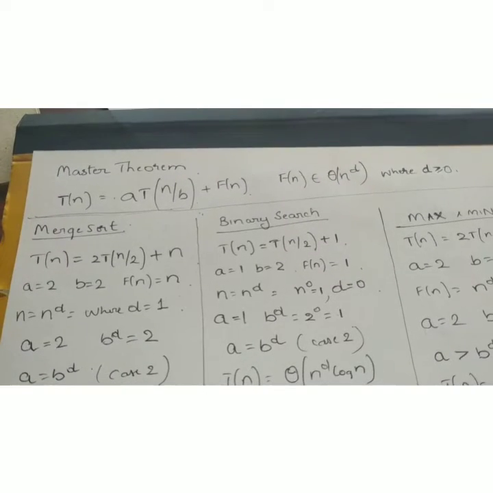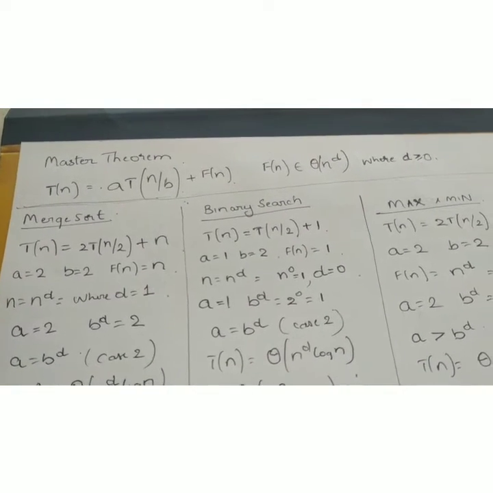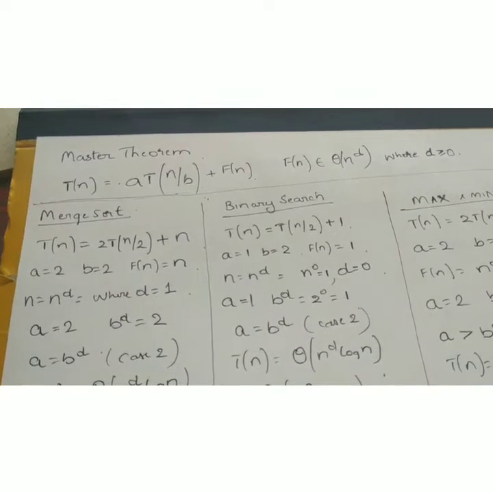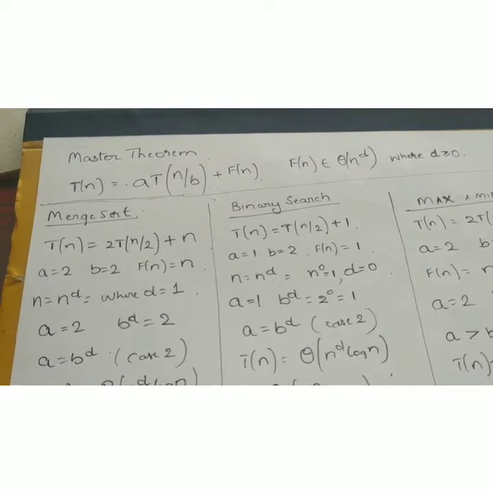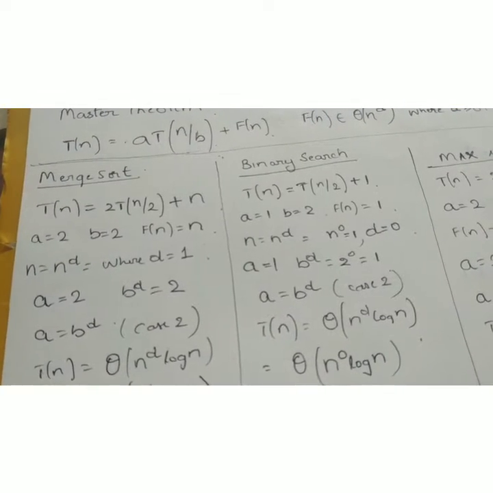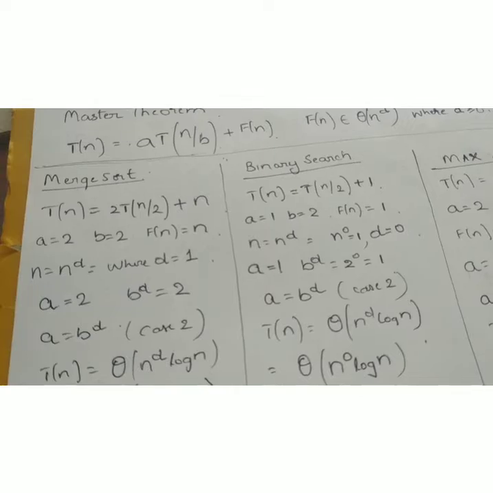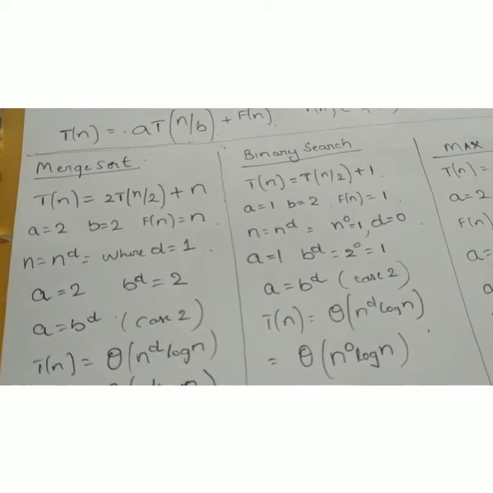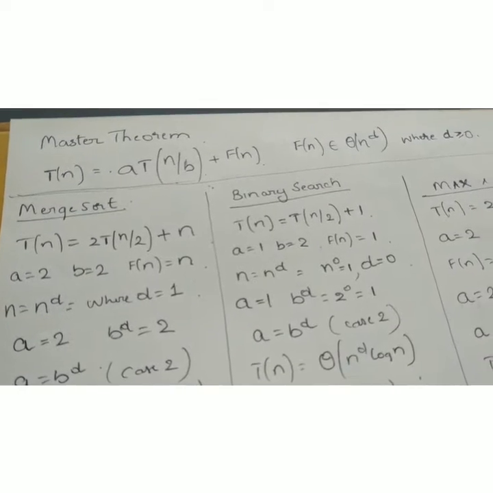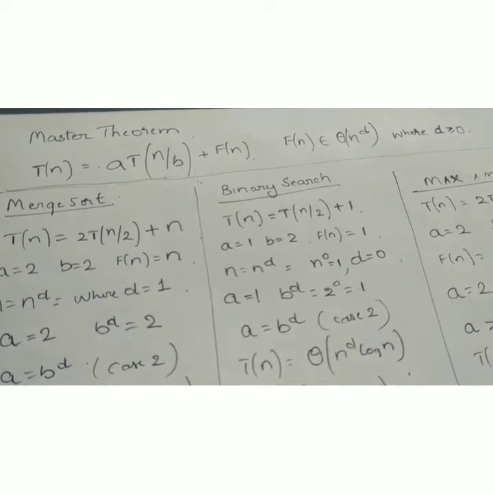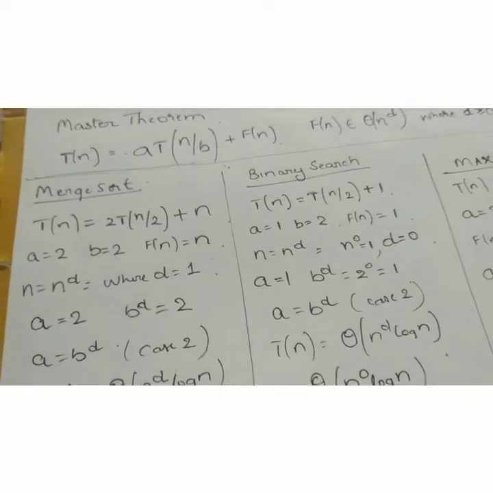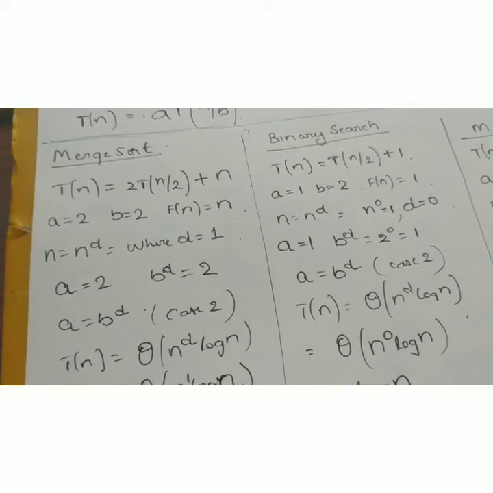So I have prepared the time efficiency using Master's theorem for different techniques. Let us see merge sort. We know that for merge sort, the time efficiency is given by 2T(n/2) plus n. So substituting the values, a is equal to 2, b is equal to 2, and f of n is equal to n. Now n should be represented in terms of n to the power of d.